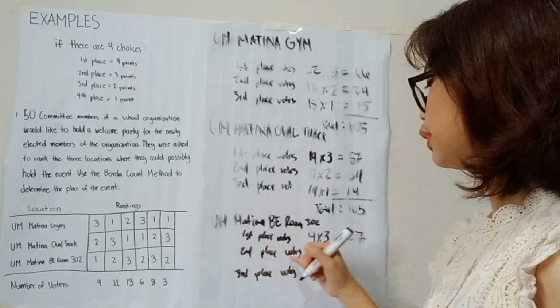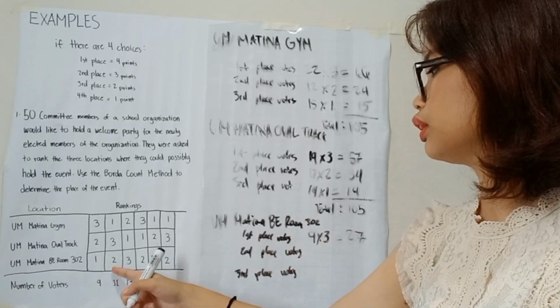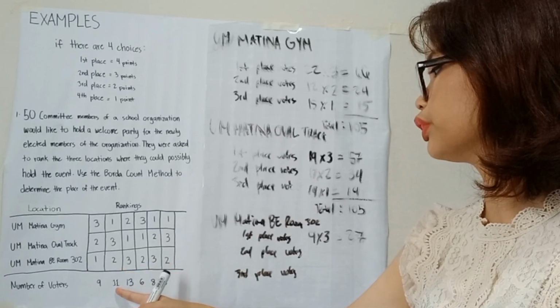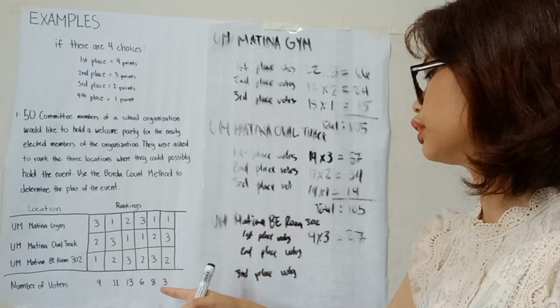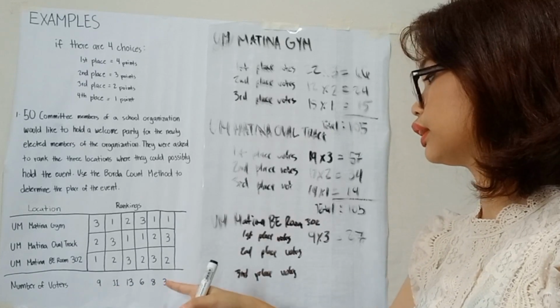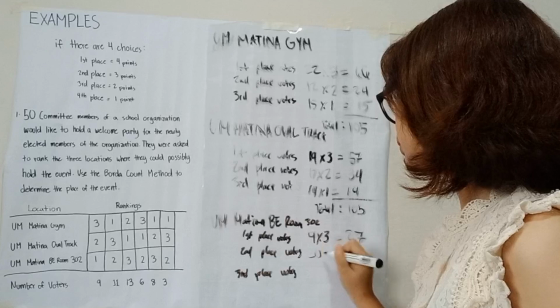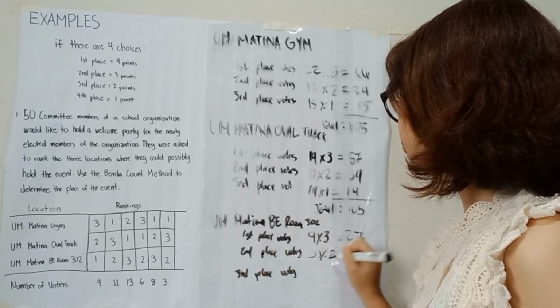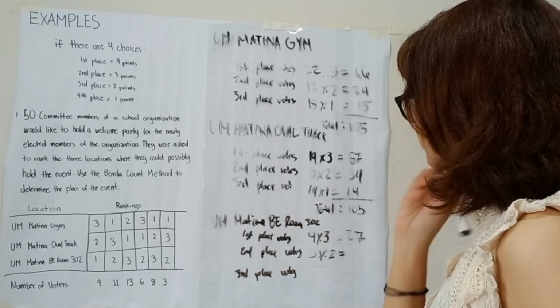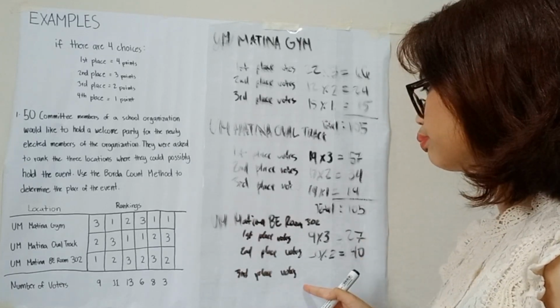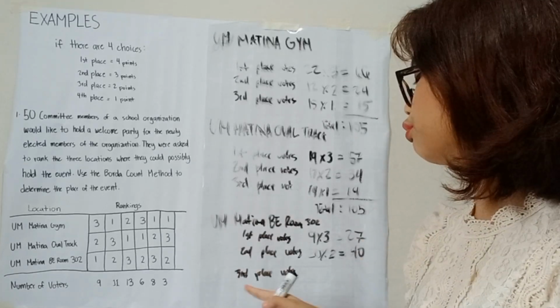Next is the second place votes. So let's see. We have rank 2, rank 2, rank 2. So 11 voters plus 6 voters plus 13 plus 3 voters. 20 times 2 is equal to 40 points. Next, we have the third place votes.